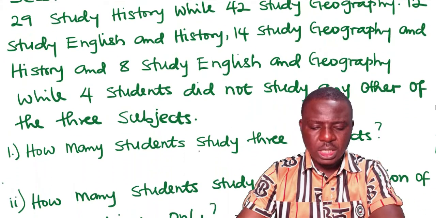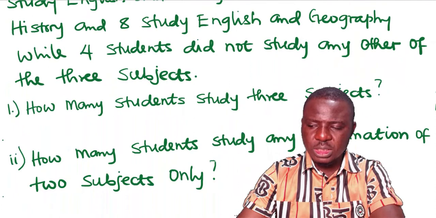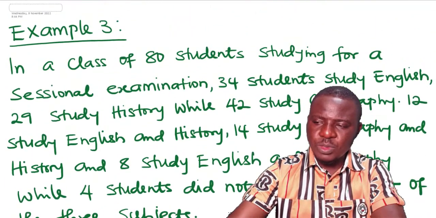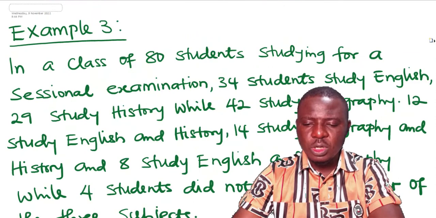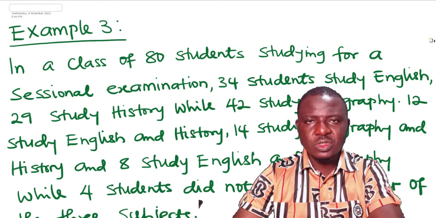Question 1 says, how many students study 3 subjects? While 2 says, how many students study any combination of 2 subjects only? This is said to be a 3 subset problem because we are considering 3 subjects, namely English, geography, and history.